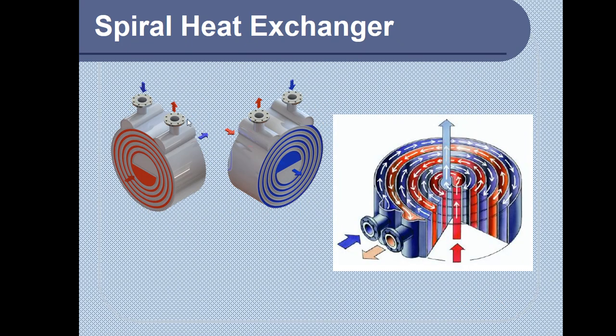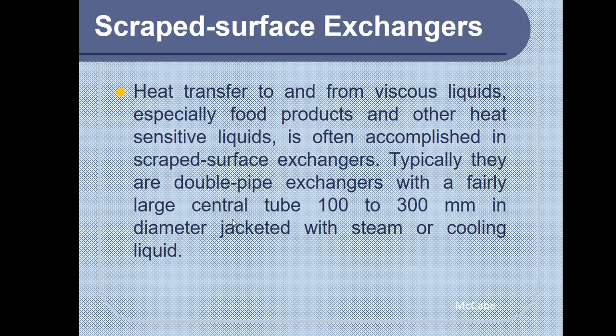If you cut through here, you will simply have a series of flat plates clumped together. But if you roll them, they form spirals like this. So your fluid passes through the spaces in between the plates that were rolled. So this is for a spiral heat exchanger.